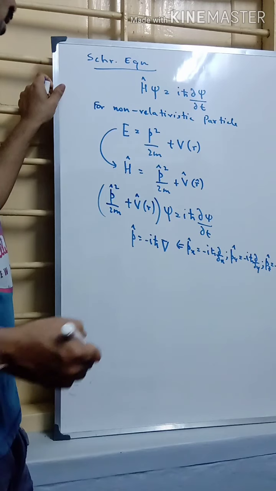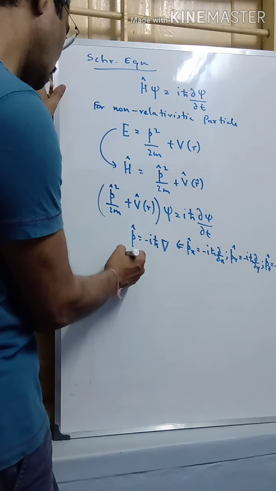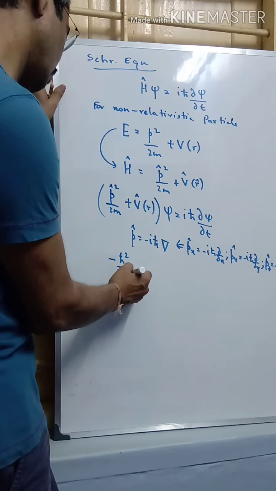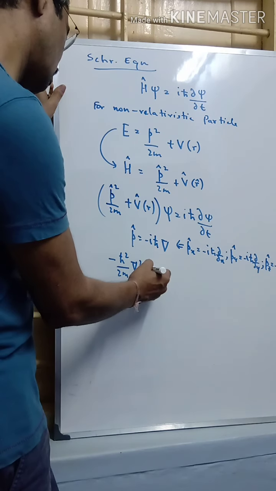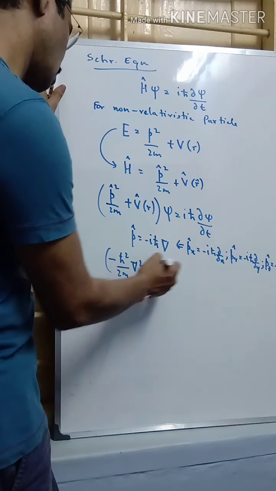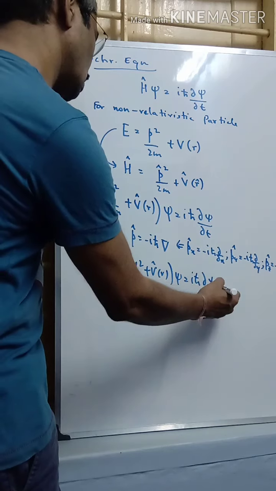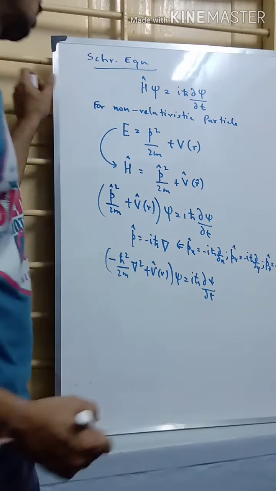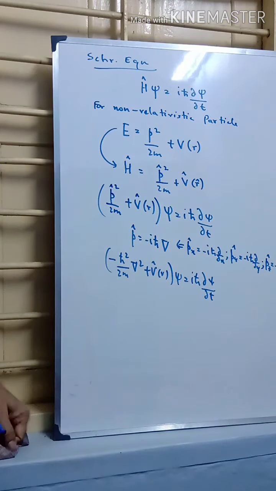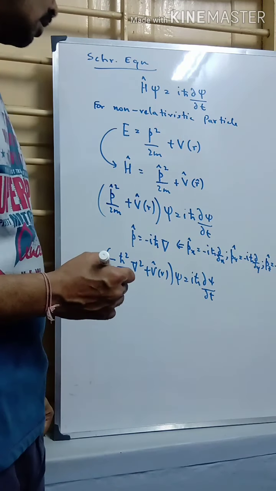So P is this, and we can write this as minus h cross square by 2m del square plus V(r) operating on psi gives us i h cross del psi del t. So this is the Schrodinger equation for a non-relativistic particle.